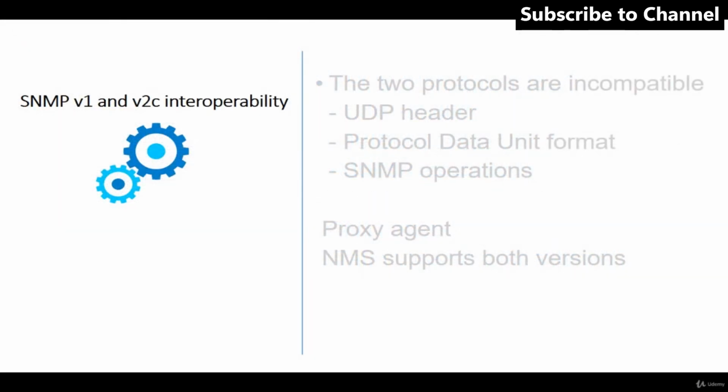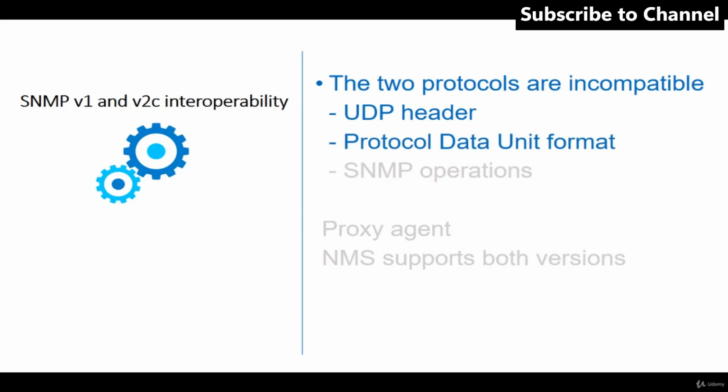So you might ask, they are the same in function, SNMP v1 and v2. How interoperable are they? The answer is they're not. They're completely incompatible. Mainly because the UDP headers are different between v1 and v2, and the PDU, or protocol data unit, format is different as well.